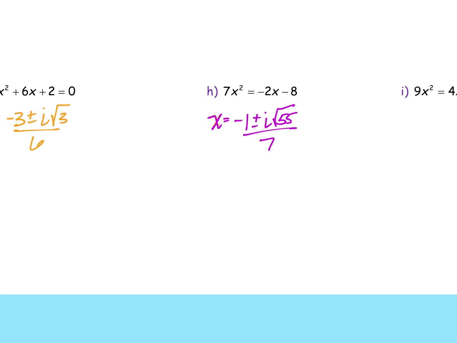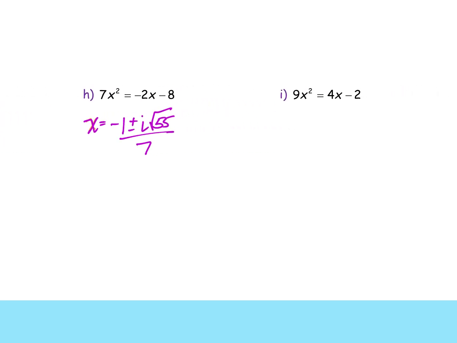Woo! All right, you guys. And then the last one is x equals 2 plus or minus i root 14 divided by 9. Is there any of those that you need me to go over?